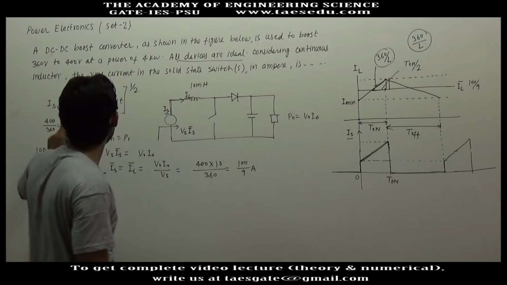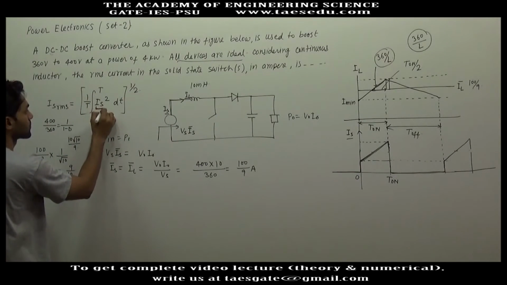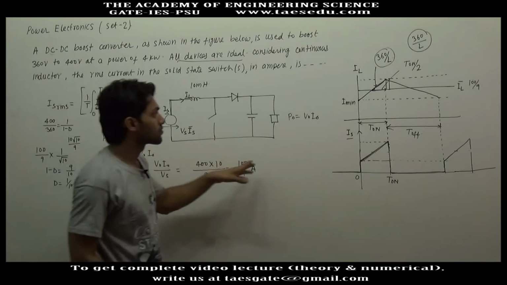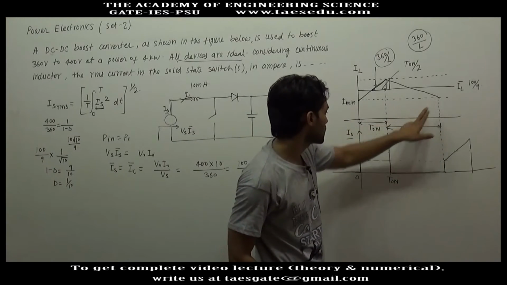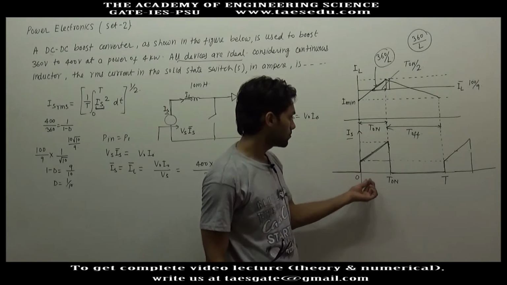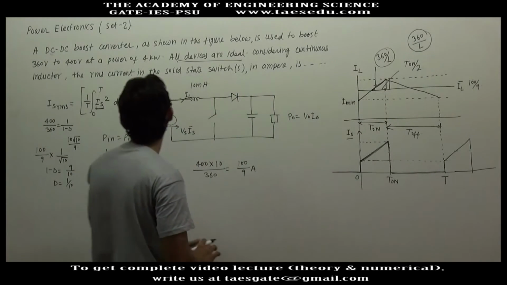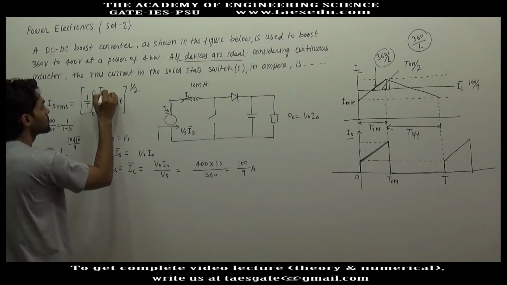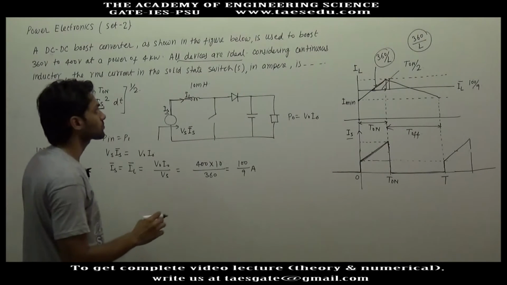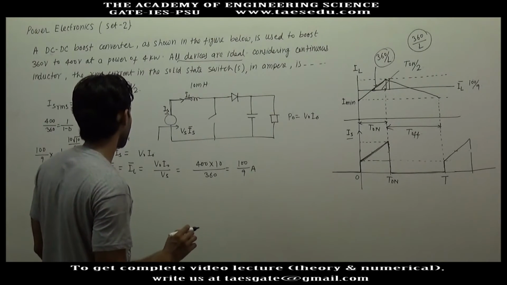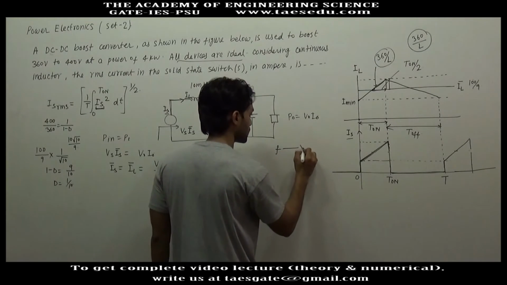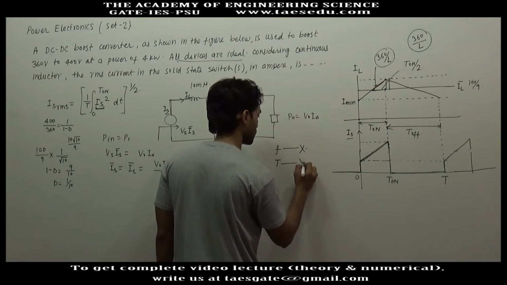Let's say you have found the equation of I s. Now you will integrate it from 0 to capital T, and in 0 to T it gives a non-zero value for the T on duration only. So you will integrate it from 0 to T on. But in the question, T on is not given. The switching frequency is not given, so you cannot calculate the total time.